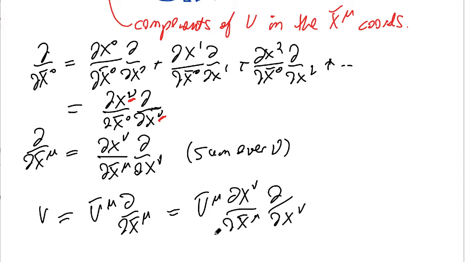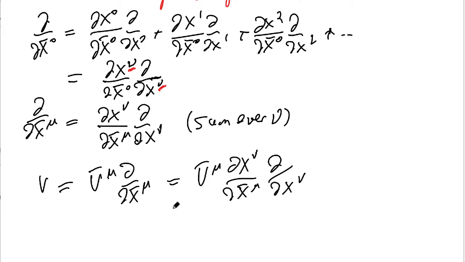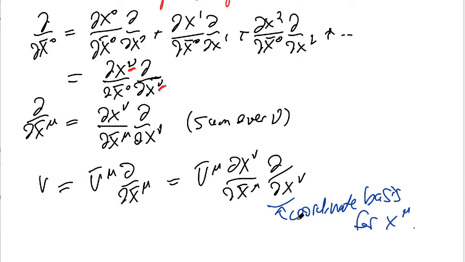All right, now what do we have here? What we have is the vector v expanded in terms of the coordinate basis for the unbarred coordinates x^mu.